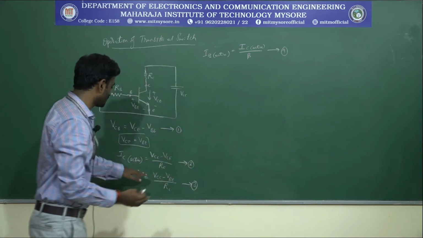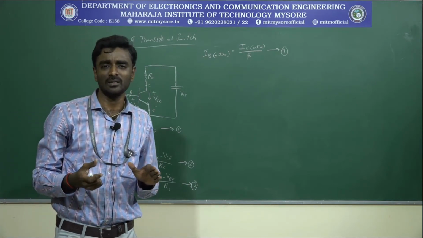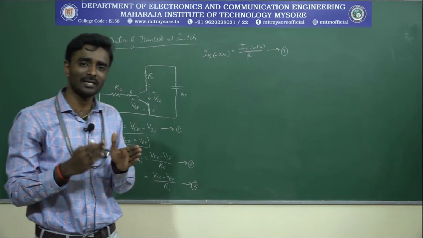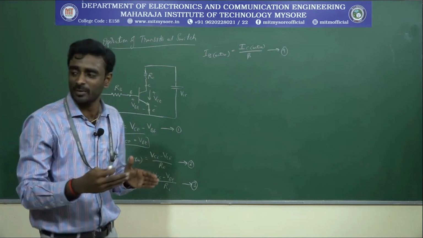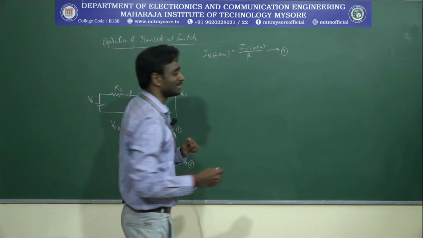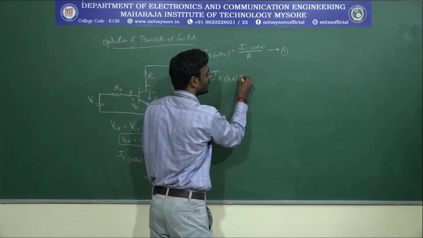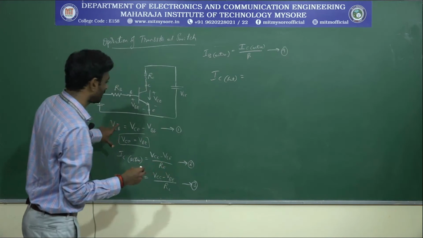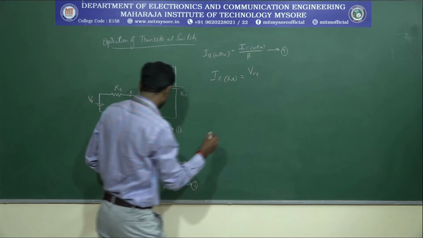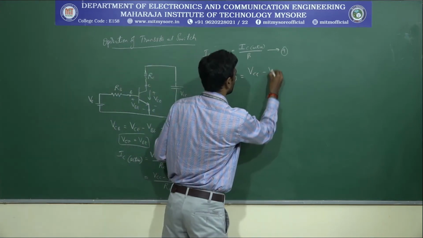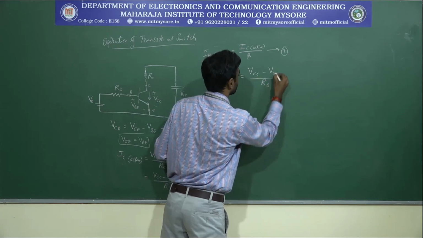And after this particular active region, the sufficient voltage will be gathered from the transistor. That is, when it crosses the threshold of 0.3 volt to 0.4 volt, it starts conducting. That will be considered as the saturation region here. So if you consider the saturation region, IC saturation will be equal to VCC minus VB divided by RB.